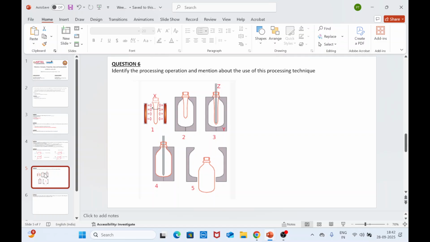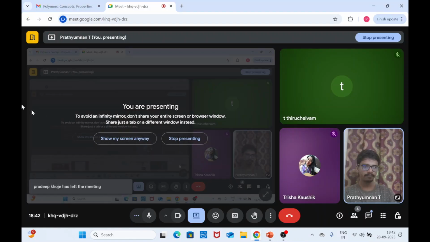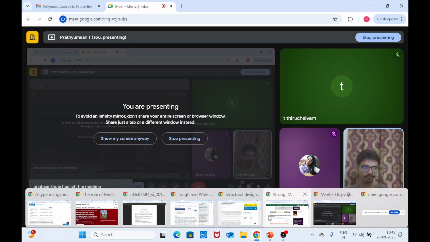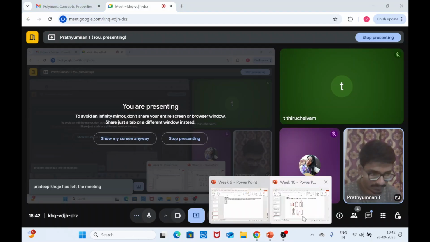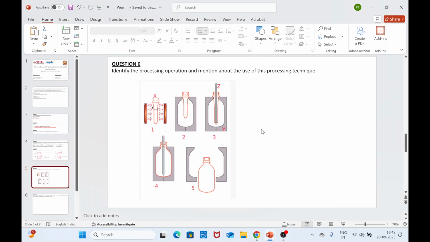So which operation? Blow molding. All the steps are from blow molding.